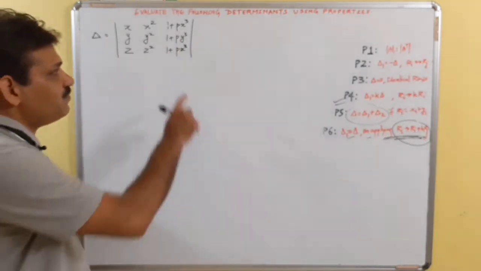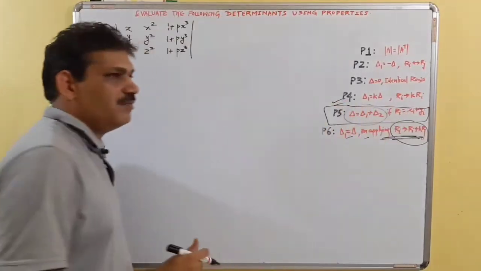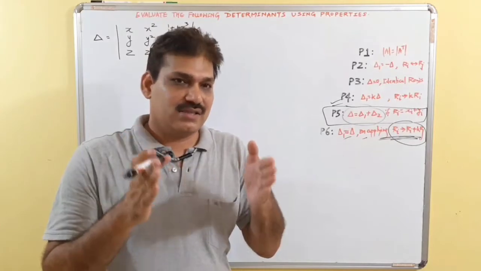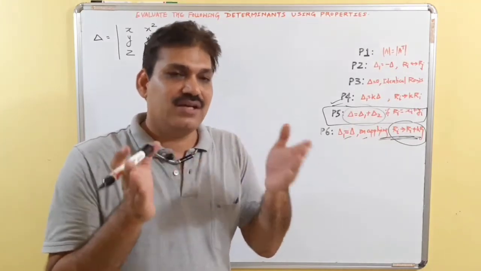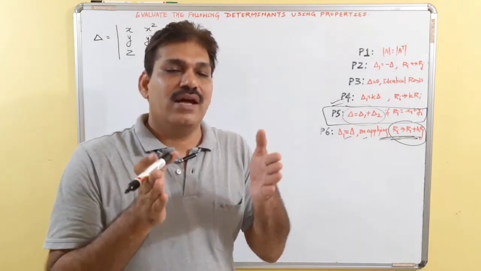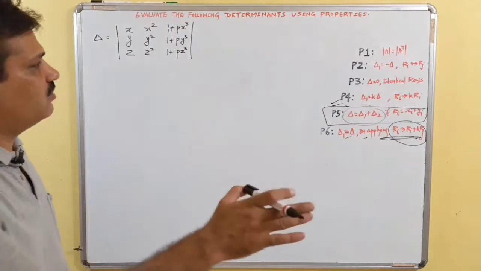See, property 5 suggests to us if in a determinant a particular row or a particular column is expressed as the sum of 2 or more terms, then the determinant can be split up as the sum of 2 or more determinants.